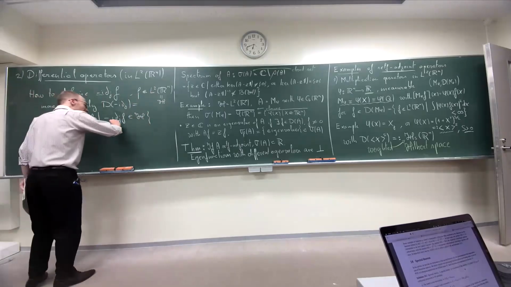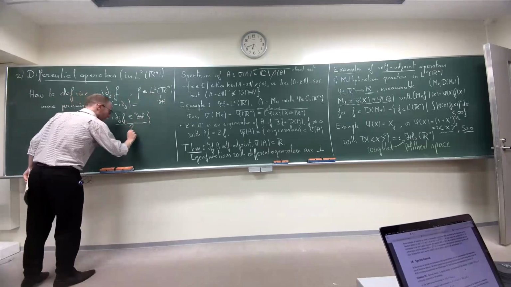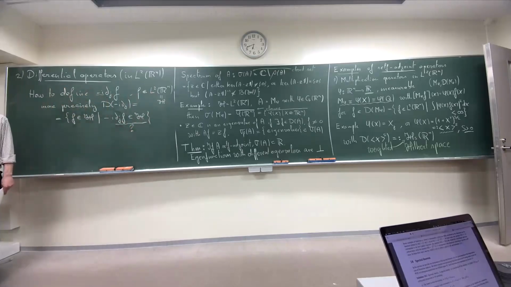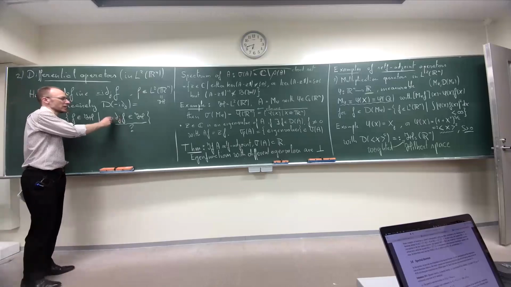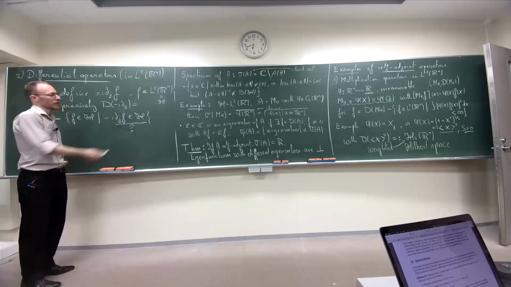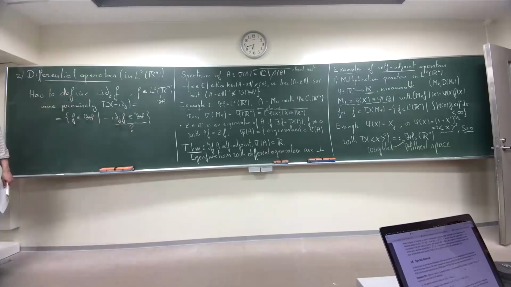But what is the meaning of this? Of course, if you take f smooth, you know the meaning. But I want to have the most general f. So how can I define a derivative when f is not even continuous, it's only L2?